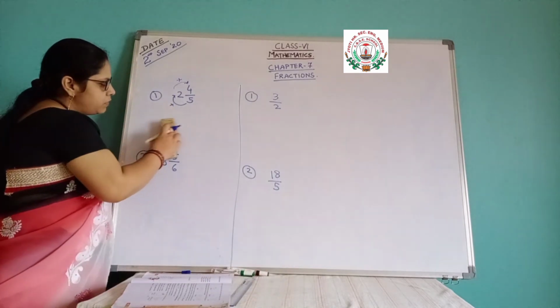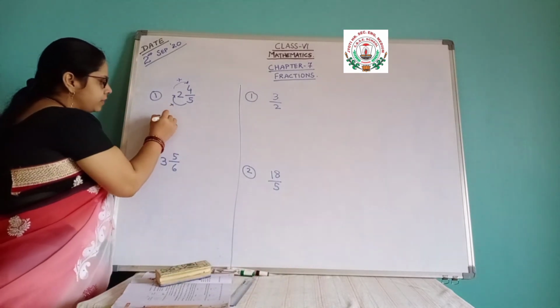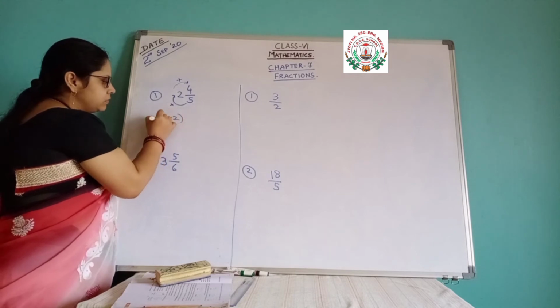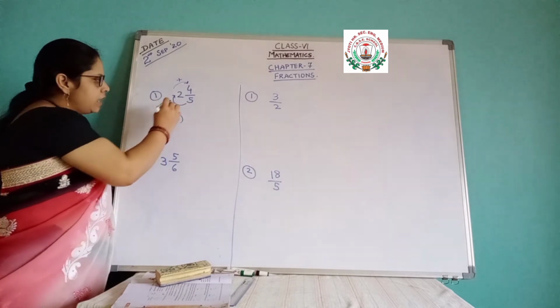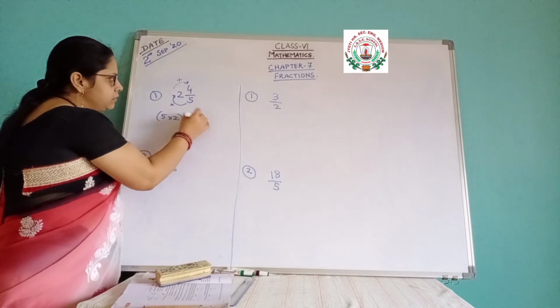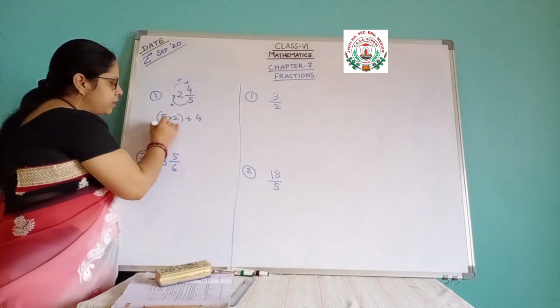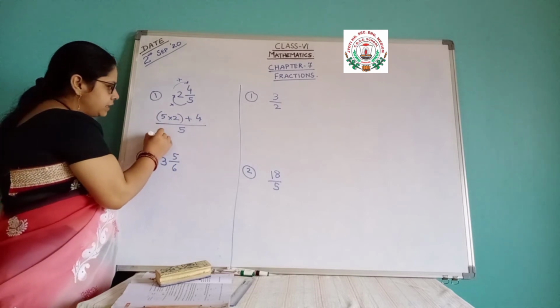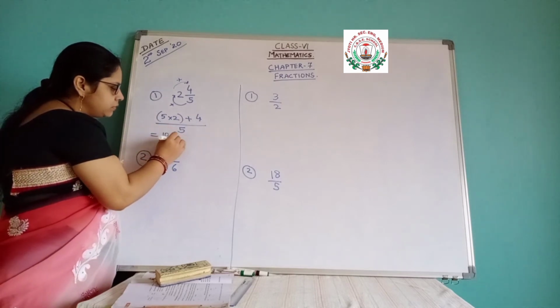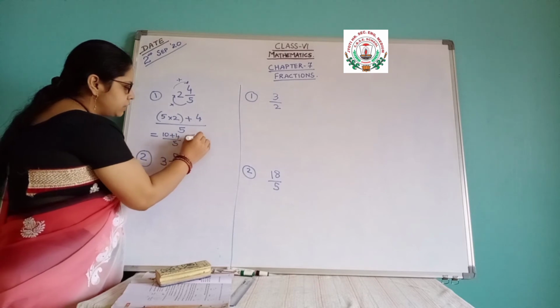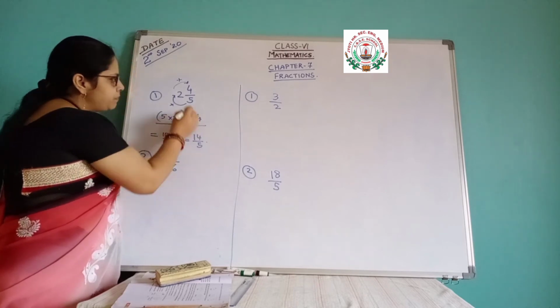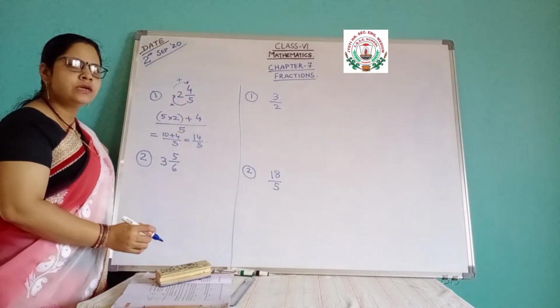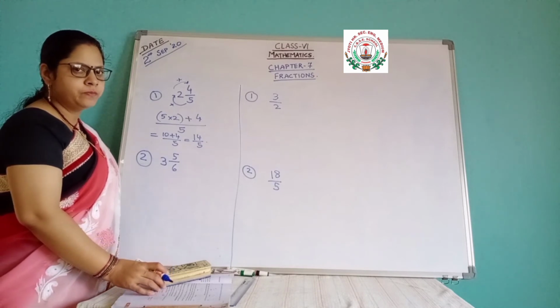Telling you in little more detail how you are getting 5 into 2. Once you are multiplying this, and to that you are adding the numerator, that is 4, and whole divided by denominator will be same. So 5 2s are 10 plus 4 divided by 5, that is 14 by 5 is the improper fraction of this mixed fraction 2 4 by 5.